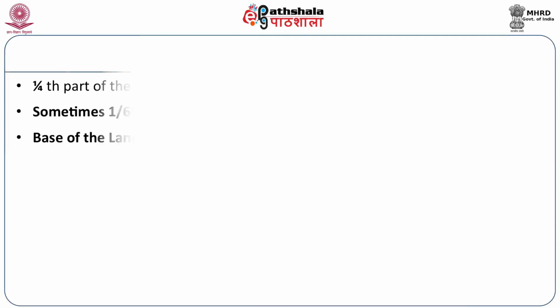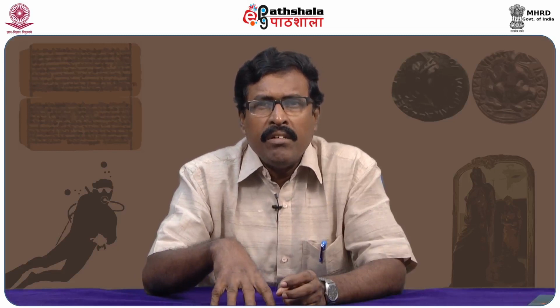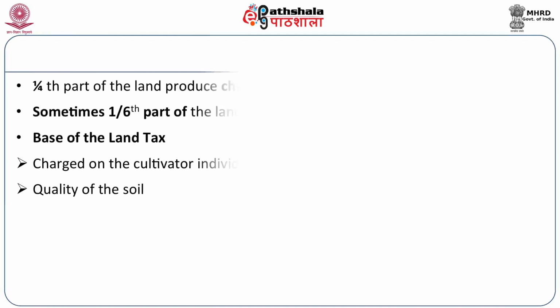Number 2, base of the land tax, whether land tax was charged on the cultivator individually, not taking into consideration the whole of village or whole of land, but the individual peasant was charged for paying land revenue to the king. Number 2, quality of the soil, that is, how fertile that land was, whether mediocre or low quality or high quality.